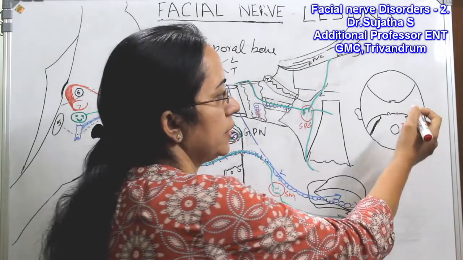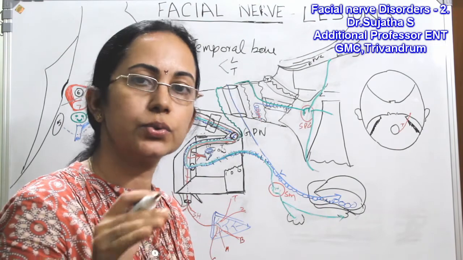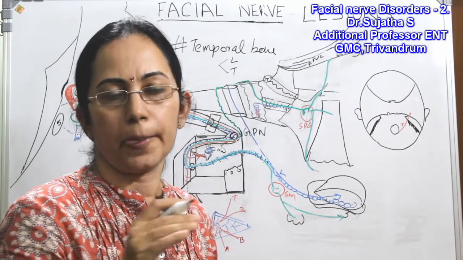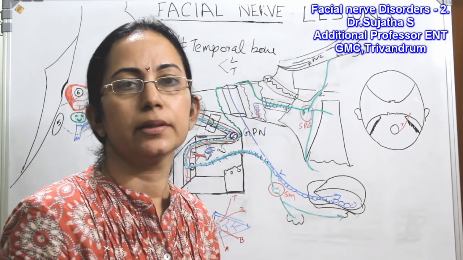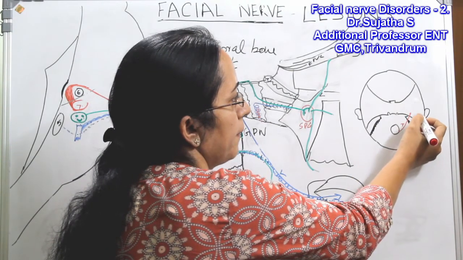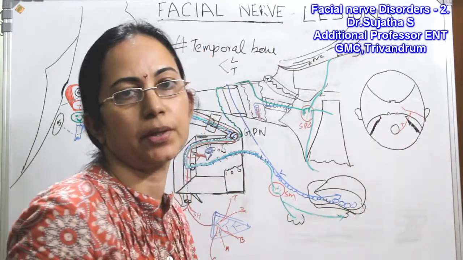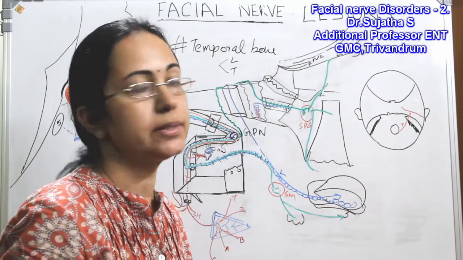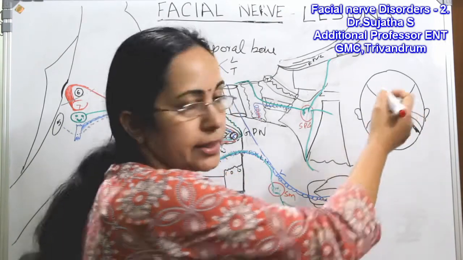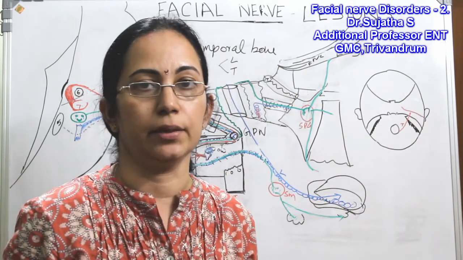It starts from the roof of the external auditory canal. It goes through the middle ear, and the line is parallel to the long axis of the petrous part of temporal bone, right? And it reaches up to the foramen ovale of the middle cranial fossa.